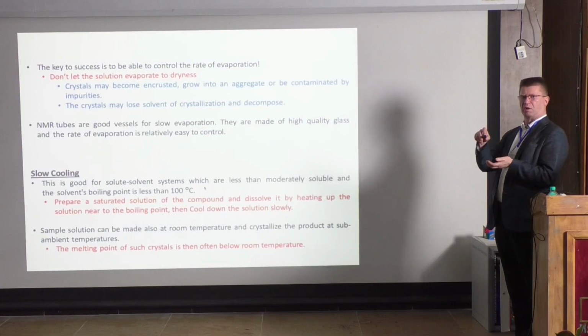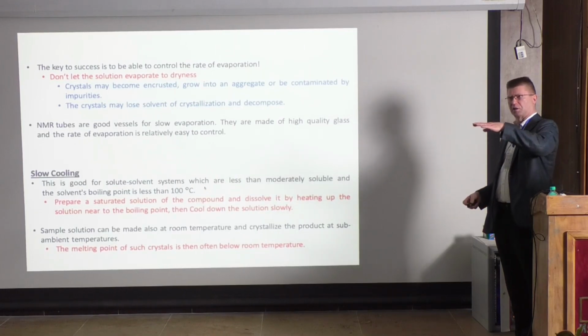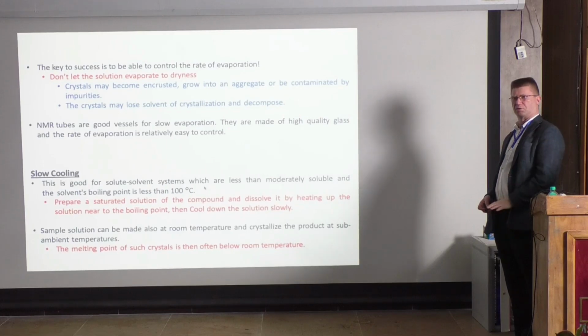And this is always done with a closed vessel. There is no evaporation, you just close the vessel and put it there. What you do is heat it, so you look for a system in which your molecule is soluble at elevated temperature, but not at low or lower temperature.